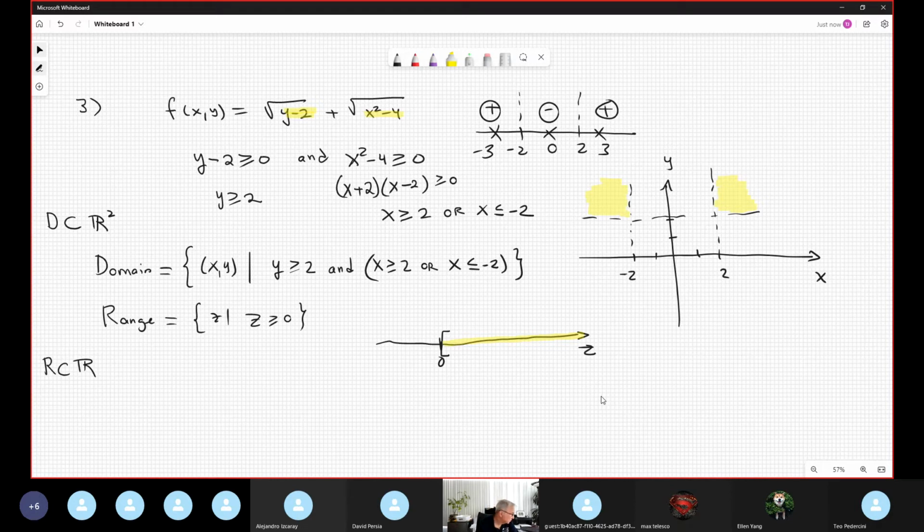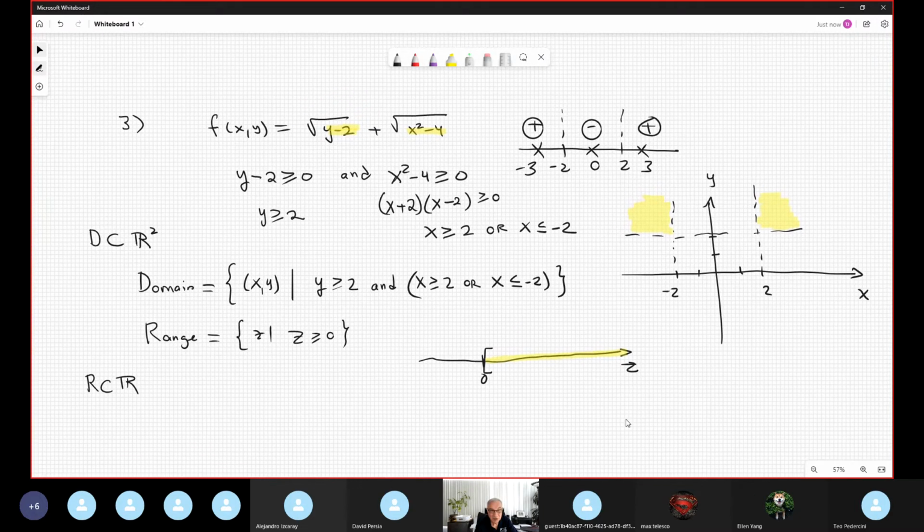How do you find the range? The range is always easy because the range is the C value, and the C value is this function. So this is the C value, C equals something. I investigate what happens with the function. This function is obviously always positive because of the square root, so what is the minimum? It is 0.